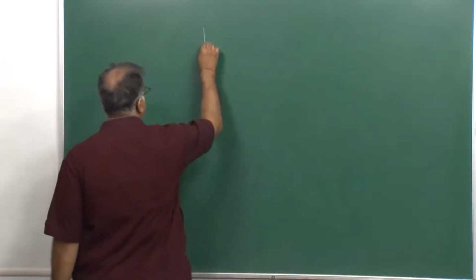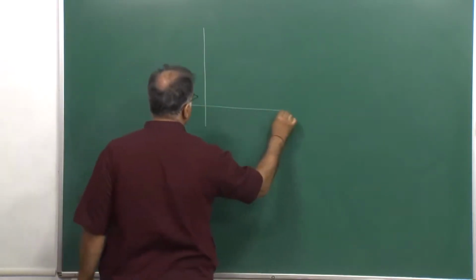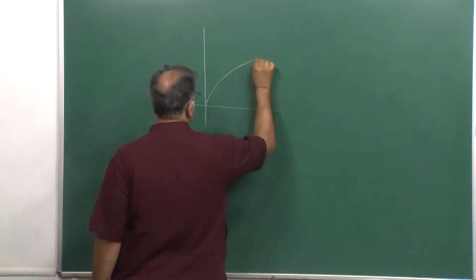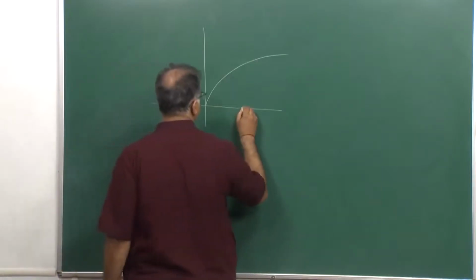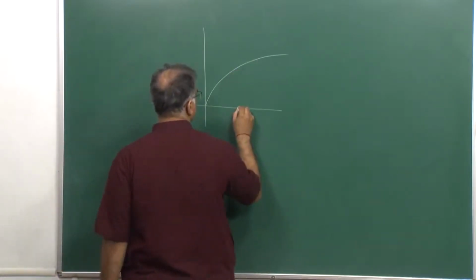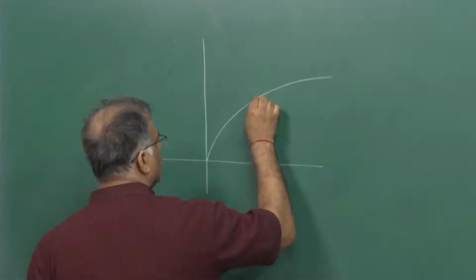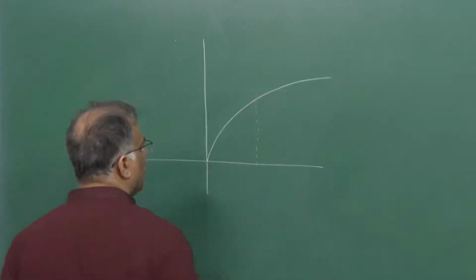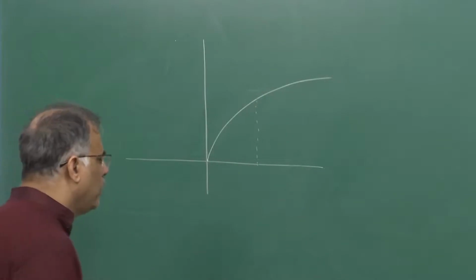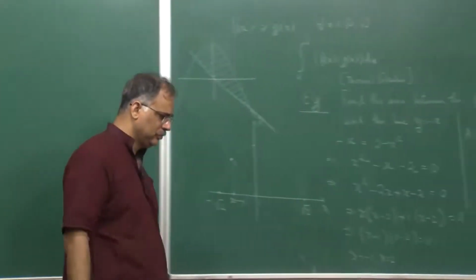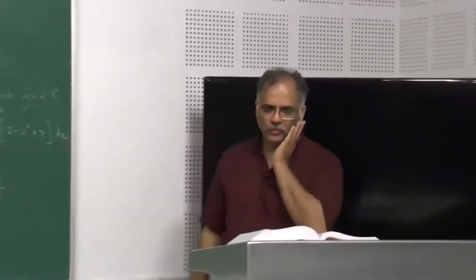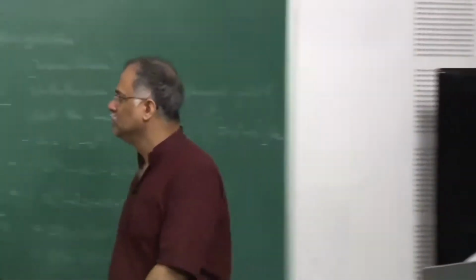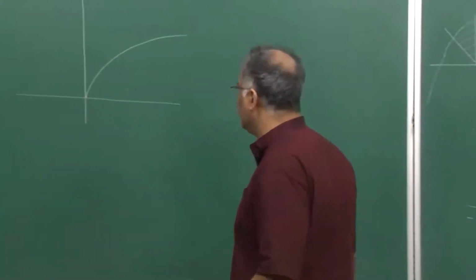So, I am supposed to find, so this is your y equal to root x. So, when it is 2, this is root 2, so this is 2. And through 2, the line y equal to x minus 2 passes, because when x is 0, y is minus 2, and when y is 0, x is 2.